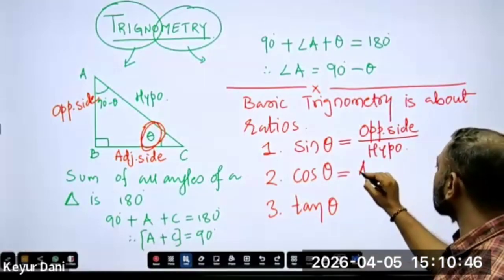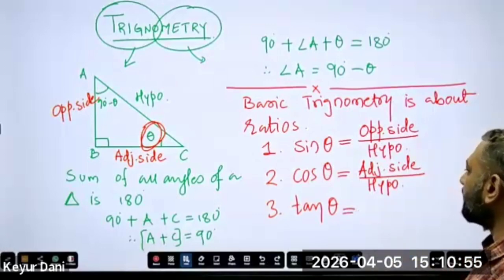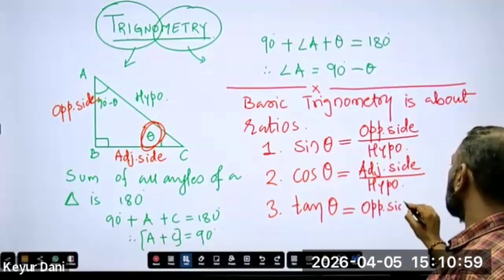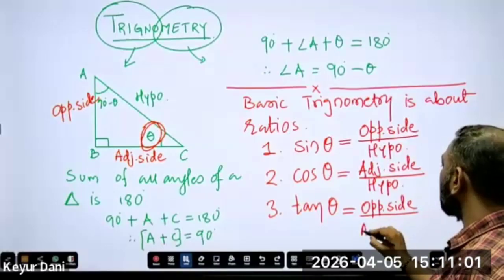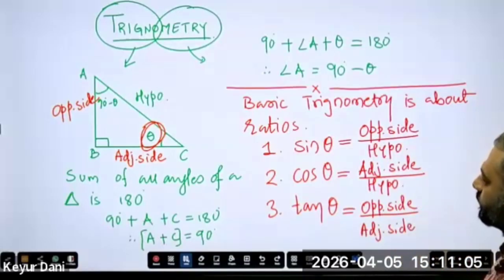It is adjacent side upon hypotenuse. And what is tan theta then? Tan theta is the ratio of opposite side upon adjacent side. Understood? So write these three formulas first.